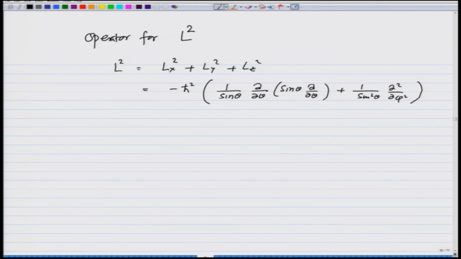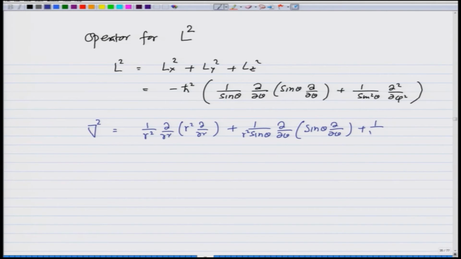Let us relate it to the Laplacian. So, I know that the Laplacian is 1 over r square d by dr r square d by dr plus 1 over r square times 1 over sin theta d by d theta sin theta d by d theta plus 1 over r square sin square theta d2 by d phi square.